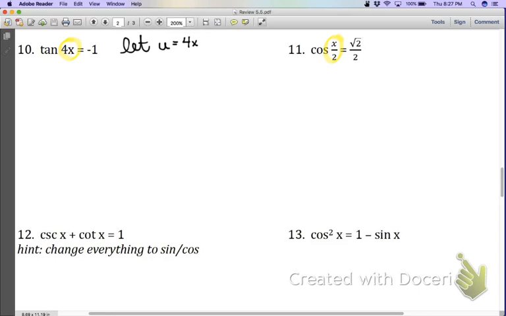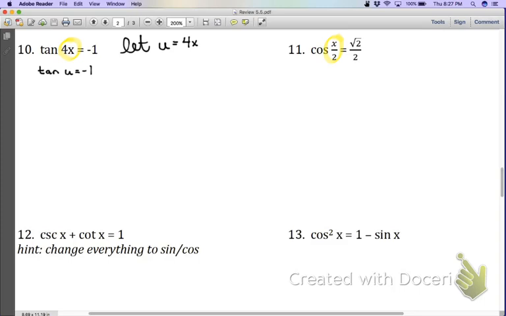Or like on 11, you would let it equal x over 2. So if it's anything but x or theta, or just a single angle, then you want to let it equal u. So then we can go tangent of u equals negative 1.